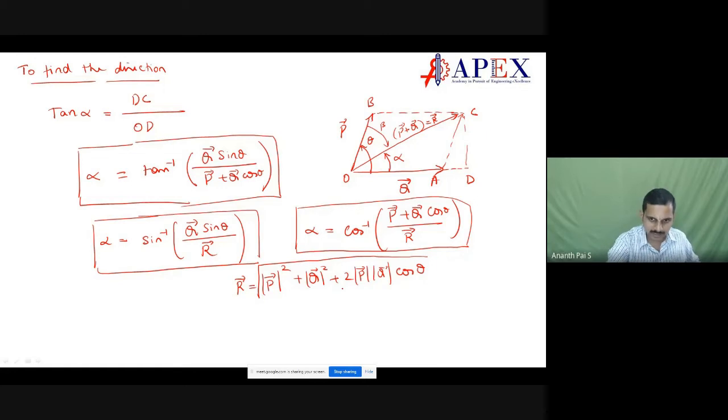Exactly correct. Magnitude of R vector. So this also is magnitude of R vector. All these are magnitudes. Everything is magnitude here. Very important to put magnitude. Everything represents magnitude, students. We have to be proper, is it not?